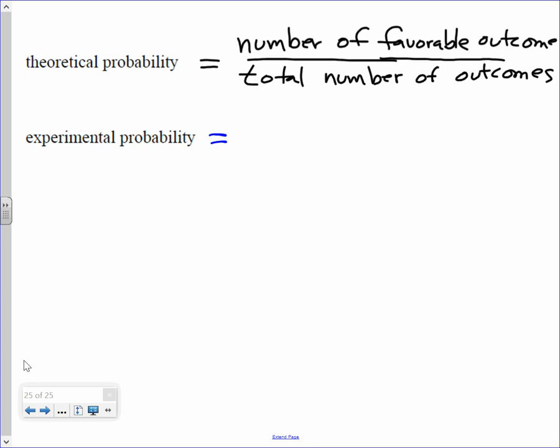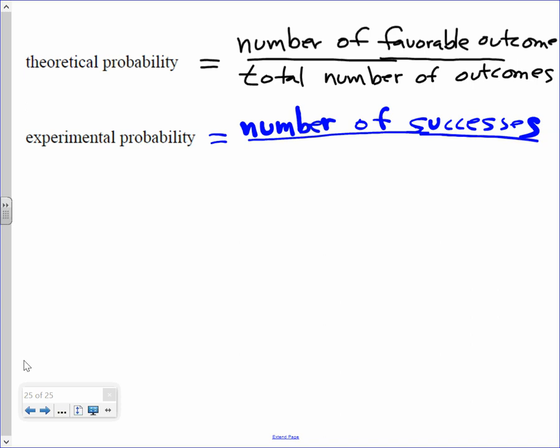The experimental probability is the number of successes over the number of trials.